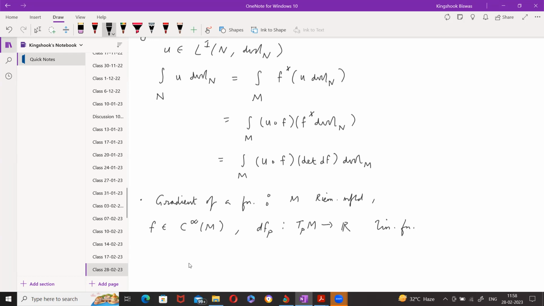So there exists a unique vector which we denote by grad F at p, an element of T_pM, such that dF_p acting on any tangent vector v is given by the inner product of grad F at p with the vector v, for all v in T_pM. Does this make sense? Yes?